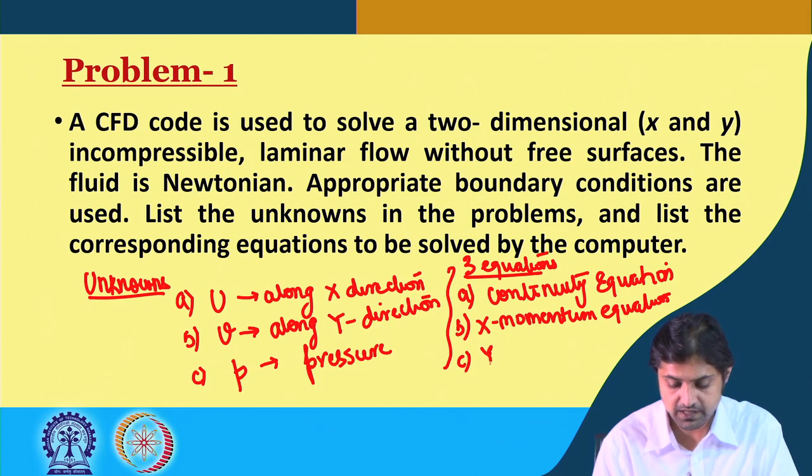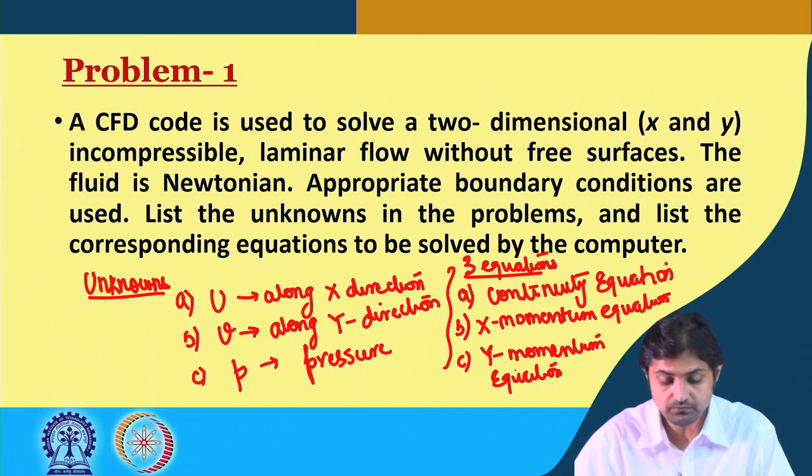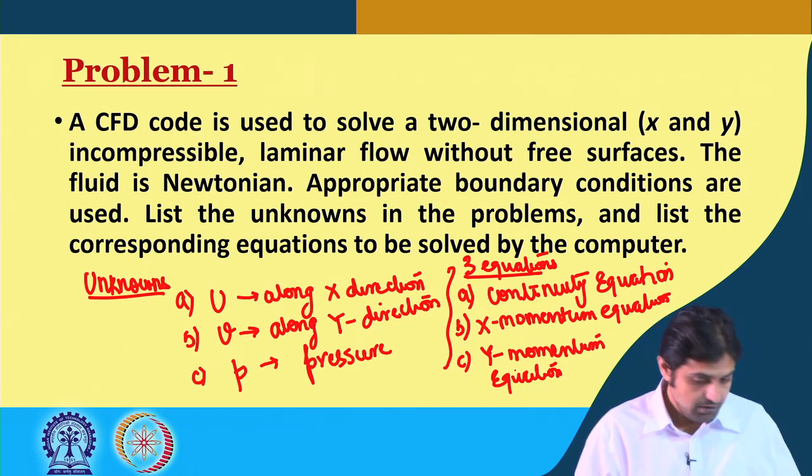And we will have a y momentum equation. All right. So this was quite simple to imagine or guess: in 2 dimensions only the 2 velocities and the pressure are unknown, and therefore to solve we just need the 3 equations, continuity, x momentum and y momentum equations. All right.